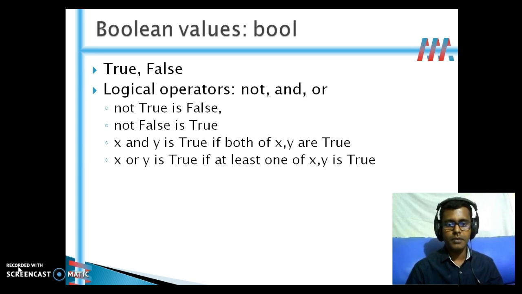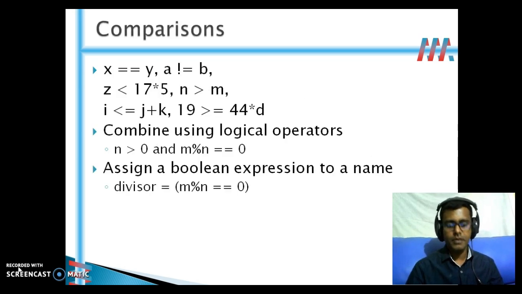The AND operator, x and y, is true only if both x and y are true, and the OR operator, x or y, is true if at least one of x and y is true. And the comparison operators are available just like in other languages: double equal to, which stands for comparison whether it is equal or not, not equal to, less than, greater than, less than or equal to, greater than or equal to.